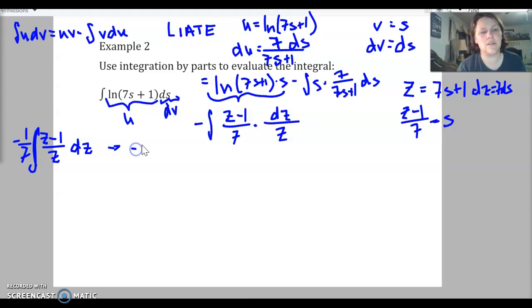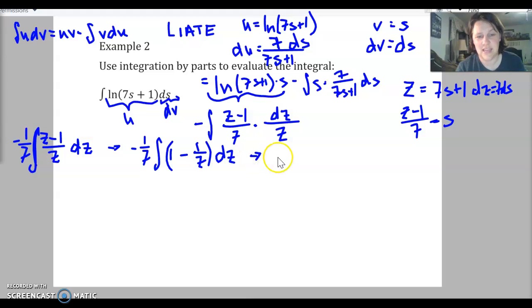Keep following along here: that is -1/7 times the integral of 1 minus 1 over z dz, which is then -1/7 times the integral of 1, which is going to be z, minus 1 over z, which is negative natural log of z.